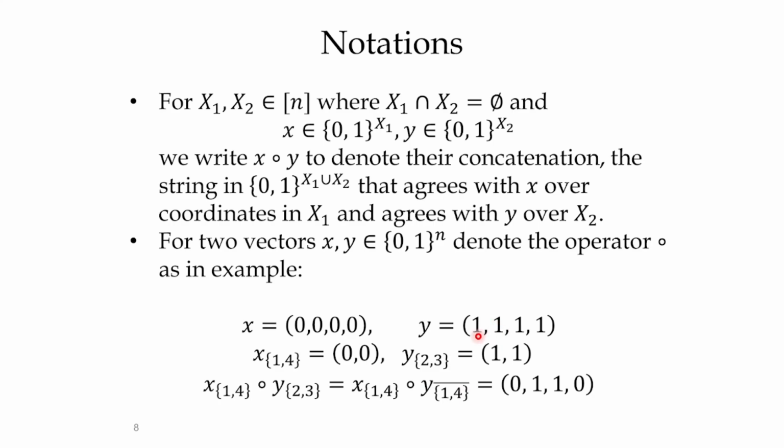If we take the fourth index, they are basically with the 2 and the 3, they complete each other to be the full vector. And this would be equal to 0, 1, 1, 0, because we take the first index to be this 0 of x, the second index is from y, and then the third also from y, and the fourth is from x. So this is what we get.